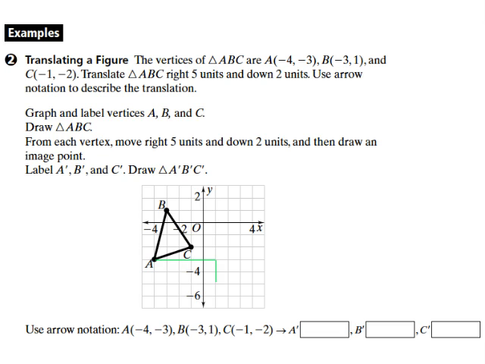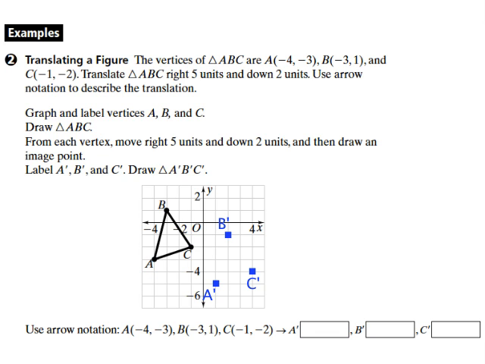We put a new point, we label it A prime, and we're ready to move on to B. Now we'll move B right 5 units and down 2 units. We put a dot, we label it B prime, and then we're ready for C. We move C right 5 units and down 2 units. We put a dot, we label it C prime.